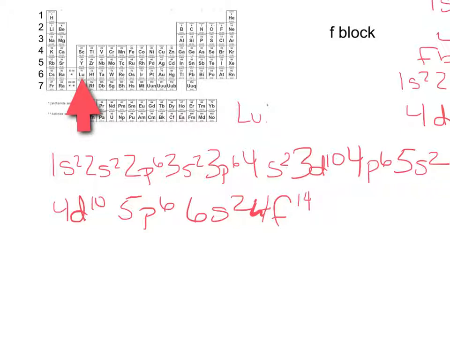So now I've just taken care of all of this. Now I time warp back up, and now we're where Lu is. And Lu is in the 6th row, but it is in D block, so we have to subtract the 1. So it's 5d1. So that's how F block works. It's pretty crazy, is it not?